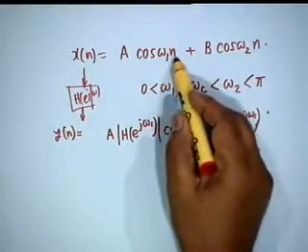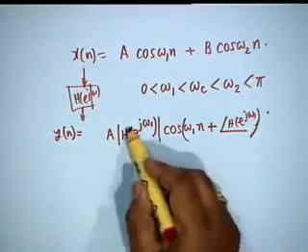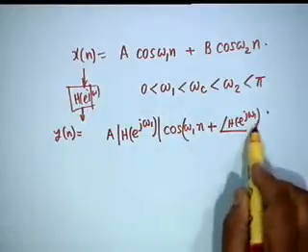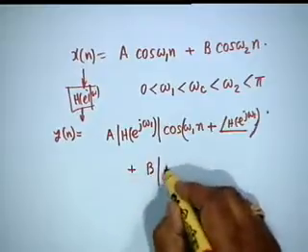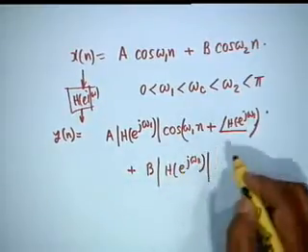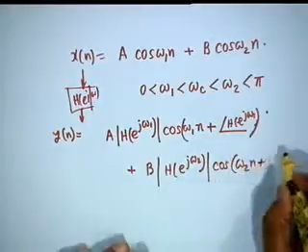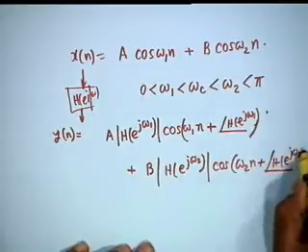Cosine omega 1 n shall be affected in magnitude by the magnitude of H at omega equal to omega 1, and its angle shall be shifted by this amount, plus b, similarly, magnitude H of e to the j omega 2 cosine of omega 2 n plus angle of H of e to the j omega 2.